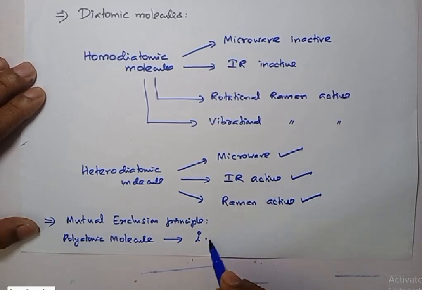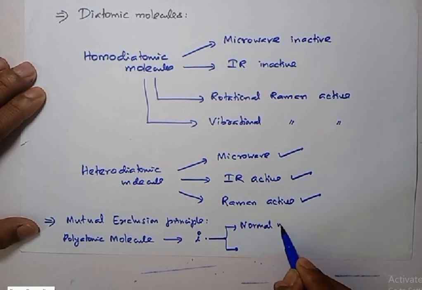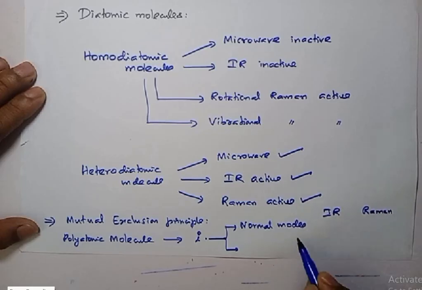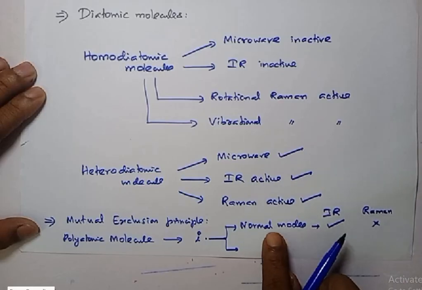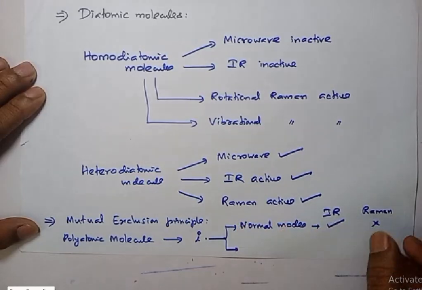If a molecule possesses a center of symmetry, then let me write like this: normal modes of vibrations, IR and Raman. If the modes of vibrations are IR active, then those particular vibrations are inactive in Raman.